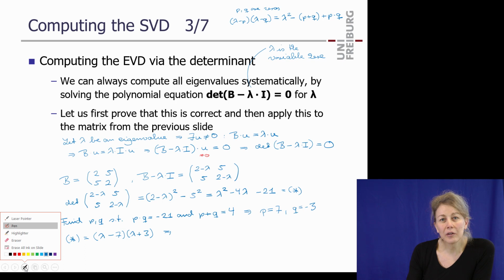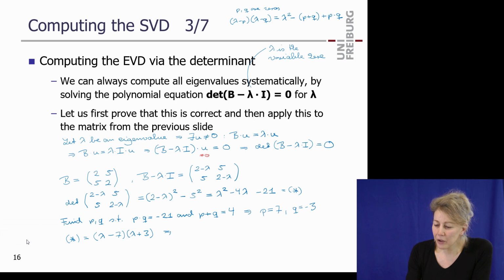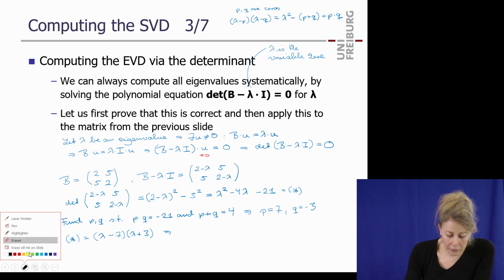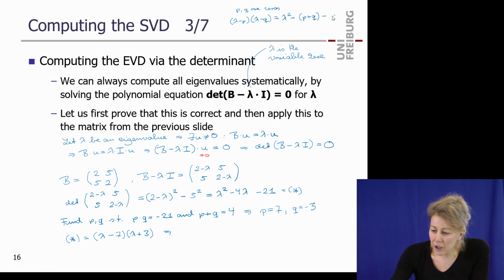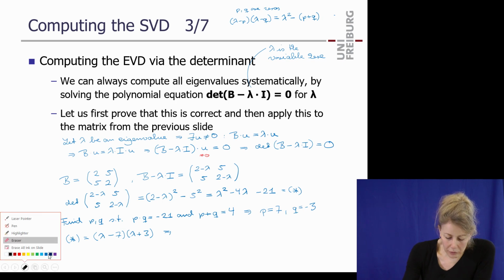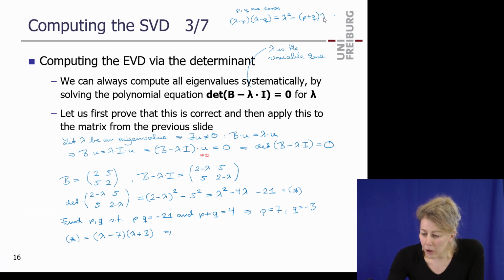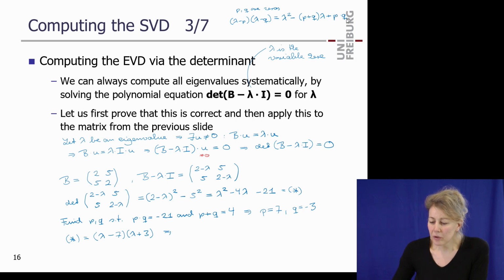There's a lambda missing, oh yeah, absolutely, thank you. That's unforgivable. Plus P times Q. So very often, in case you didn't know that trick, if you know that there are nice solutions, you can always see them like this.